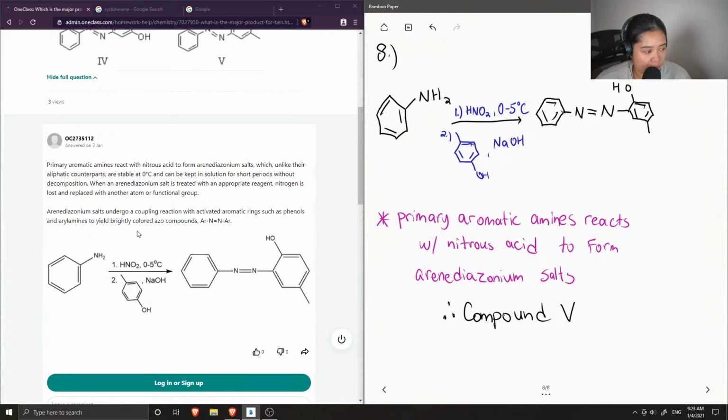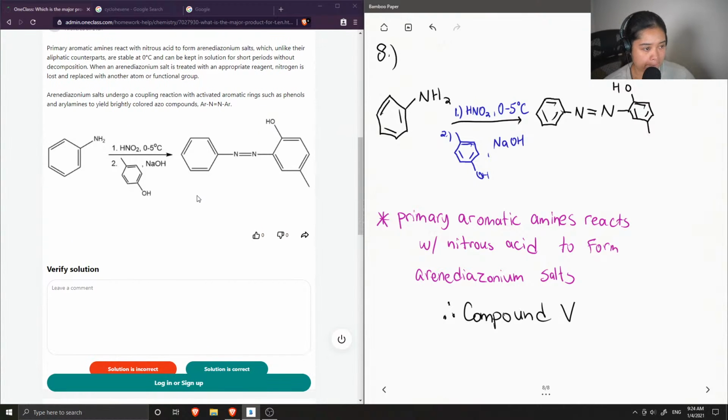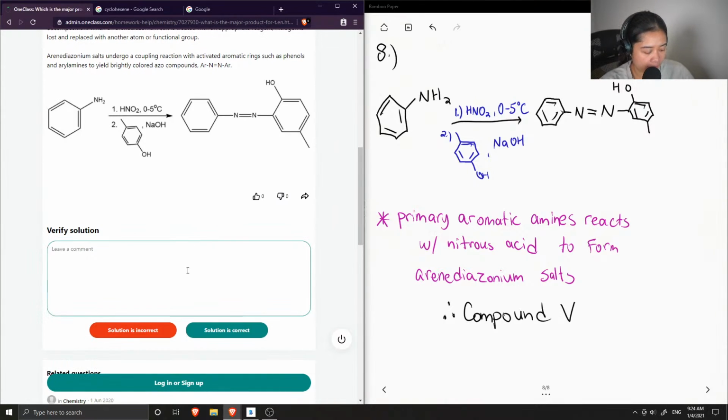Arene diazonium salts undergo a coupling reaction with activated aromatic rings, such as phenols and aryl amines, to yield a brightly colored azo compound. And then they show your aromatic with the nitrogen double bonded with another nitrogen and aromatic ring. Okay, so this solution is correct.